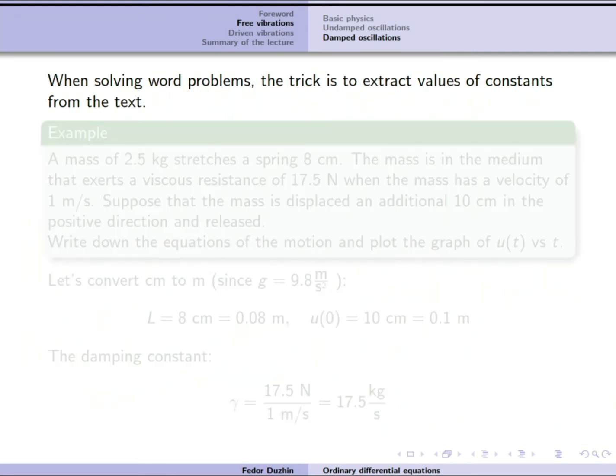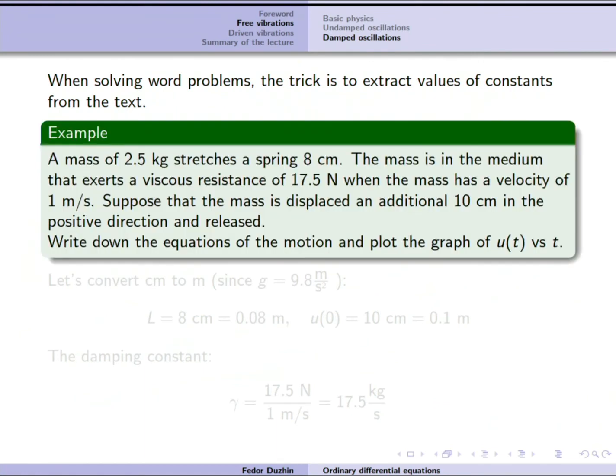All right, let us do a word problem. So the trick here is to somehow extract the values of the constants from the words. So here we have 25 kg, 8 centimeters, 17.5 Newton, whatever, 1 meters per second, 10 centimeters.